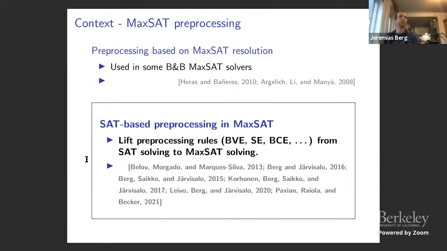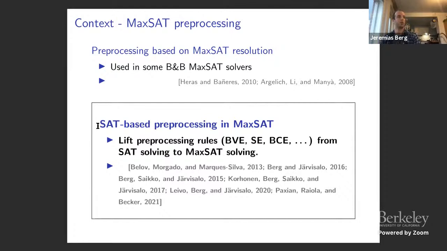And similarly, the field of MaxSAT preprocessing can roughly be divided into 2 areas. You've got preprocessing techniques based on the so-called MaxSAT resolution rule. That is an extension of the resolution rule that Benjamin talked about to MaxSAT. And rules based on MaxSAT resolution are often used in these branch and bound solvers.